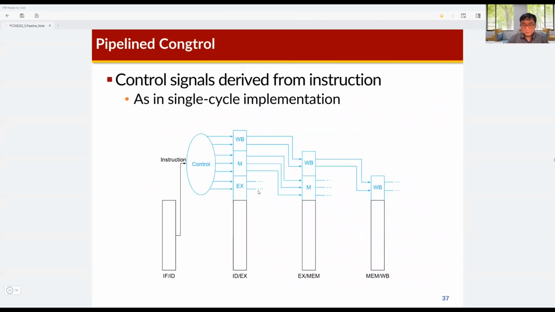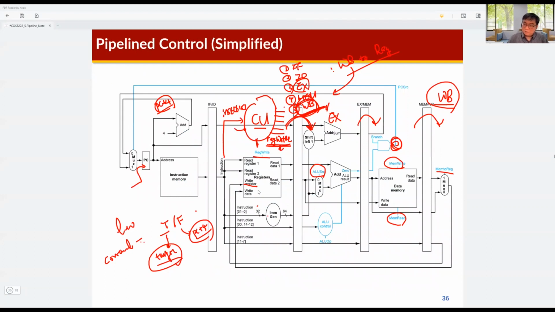Also, control signals. It's very simple actually. Control signals are produced at the instruction decoding stage. That means the control unit is located in this instruction decoding stage. So these control signals are generated at the instruction decoding ID stage. But when these control signals are consumed depends on the property of control signals.